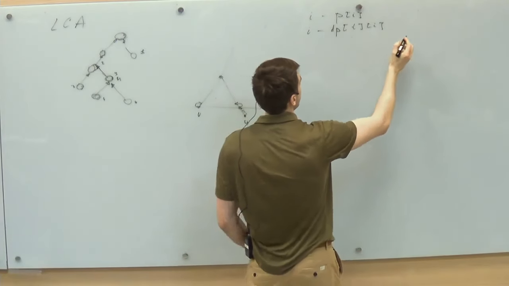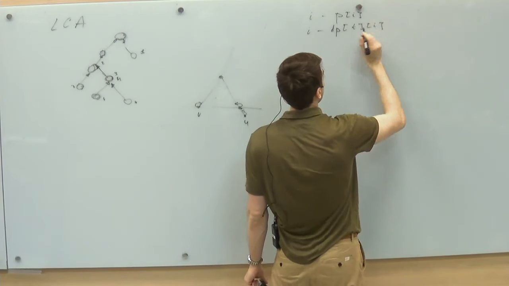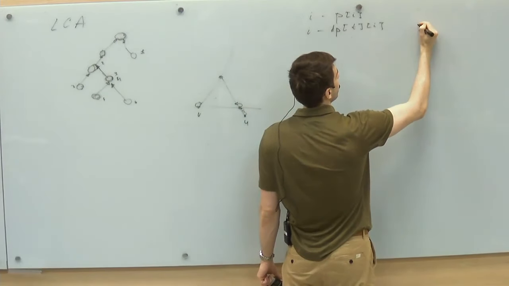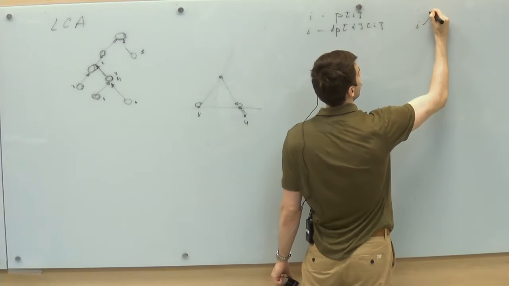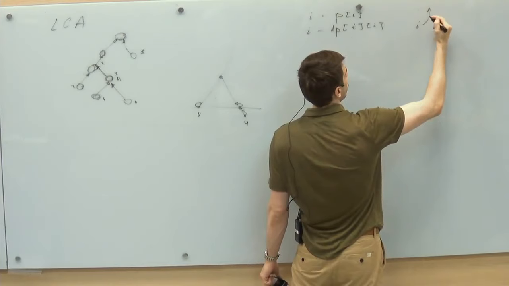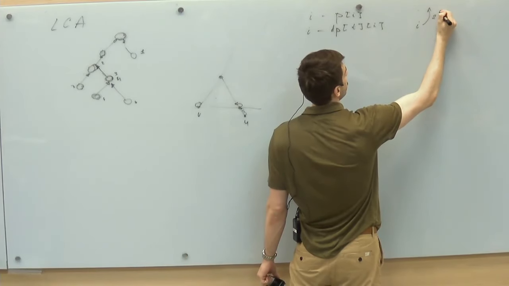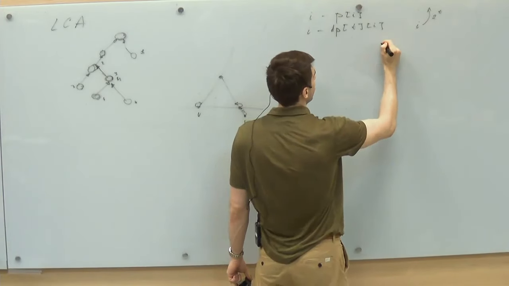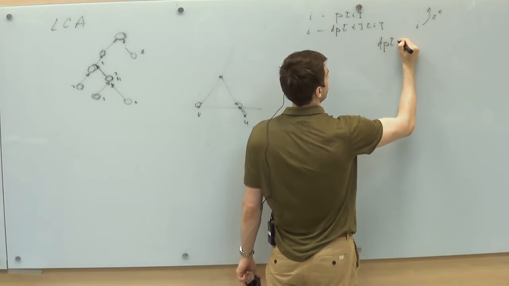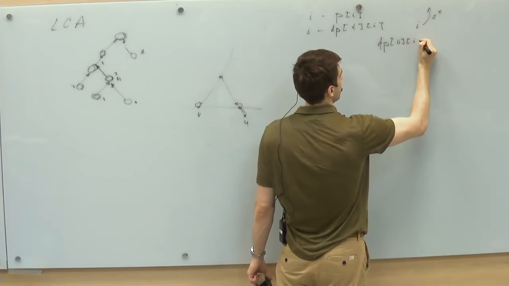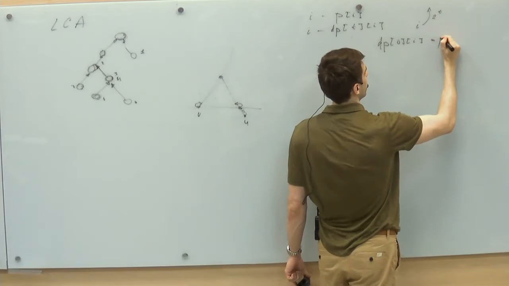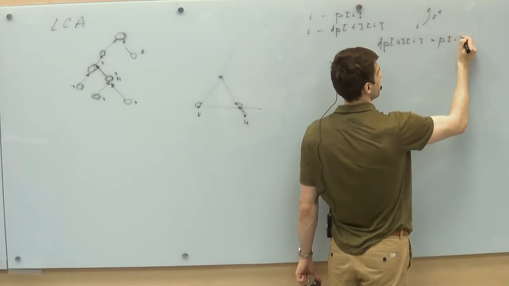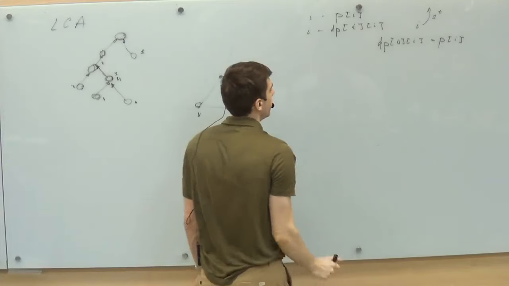Which means that the vertex, if you go from vertex E up for the 2 power t times. So basically, dp0 I is equal to just parent, right?